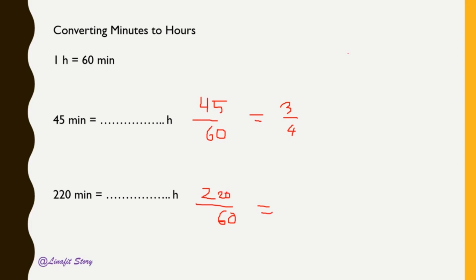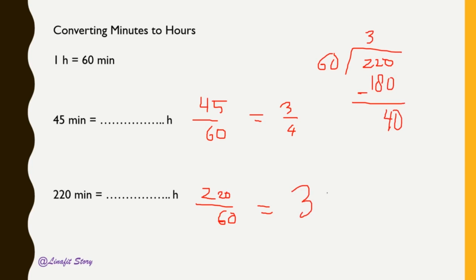So this equals 220 divided by 60. So 60 times 3 equals 180. So the remainder is 40. So the answer is 3 and 40 out of 60 hours. So don't forget to simplify. It equals 3 and 2 out of 3 hours.